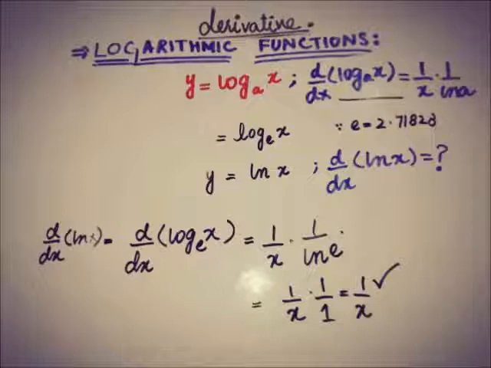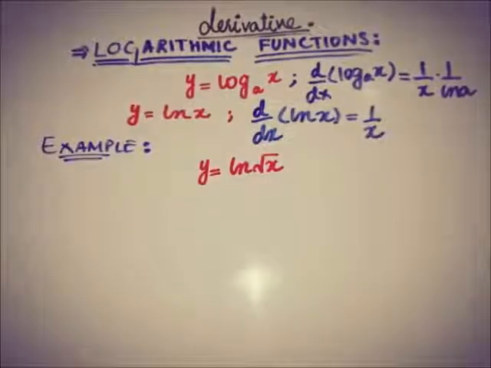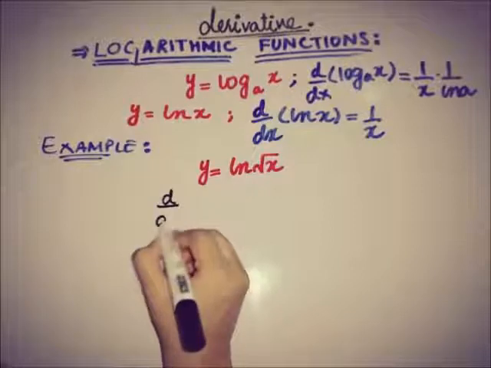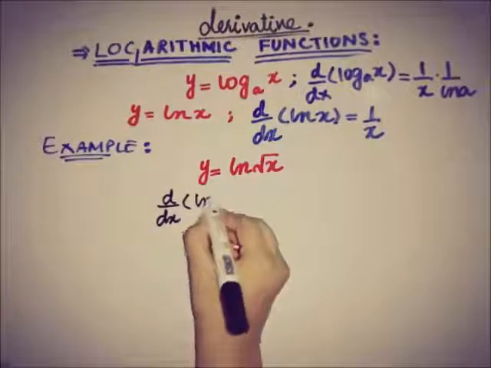Now let's take an example. Here is a function y is equal to natural log of square root of x. We are interested in finding the rate of change of natural log of square root of x.